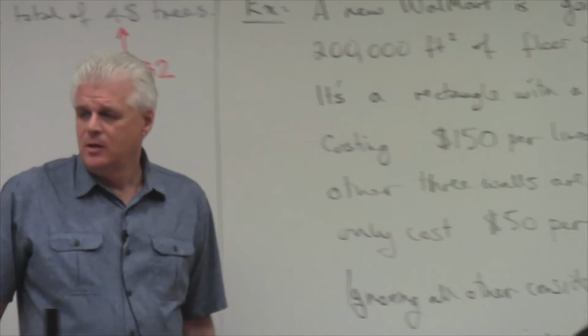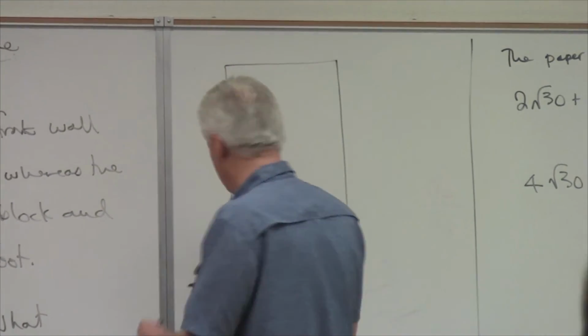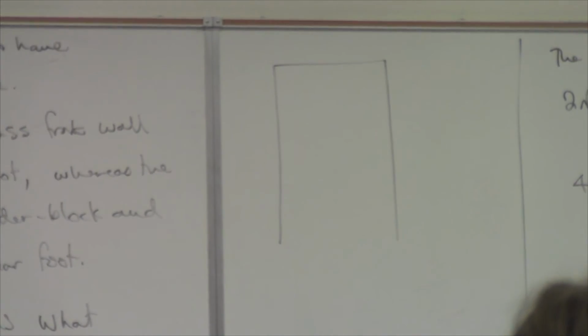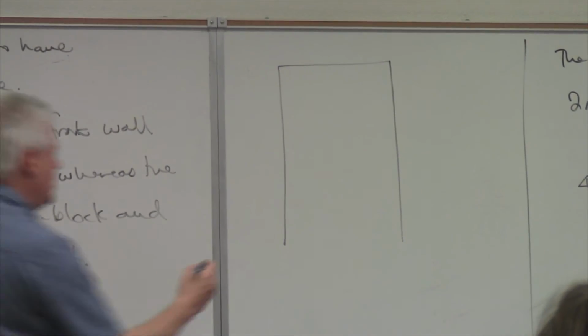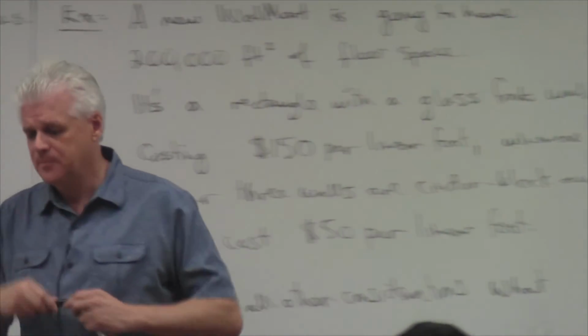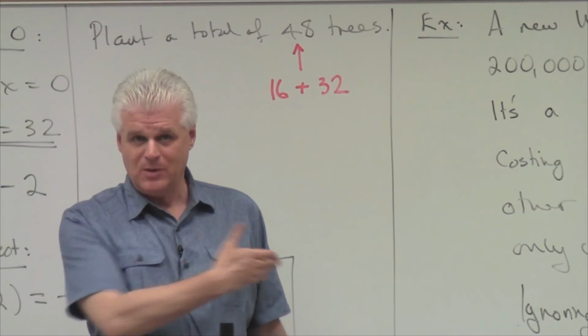Okay. So it's an easy problem to visualize because it's just a rectangle. So here's my rectangle. There's my cinder block walls. And then I have a glass wall at the front, which I'll make a different color. Here we go. There's the glass wall at the front. All right. And I've already kind of made an assumption there in the basic picture.